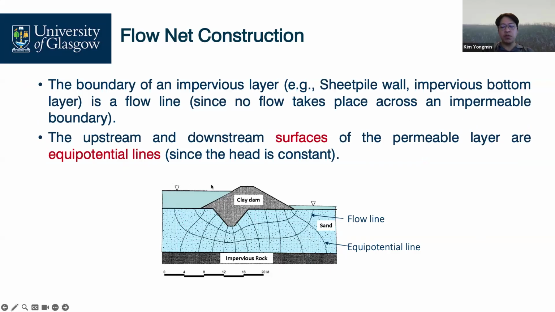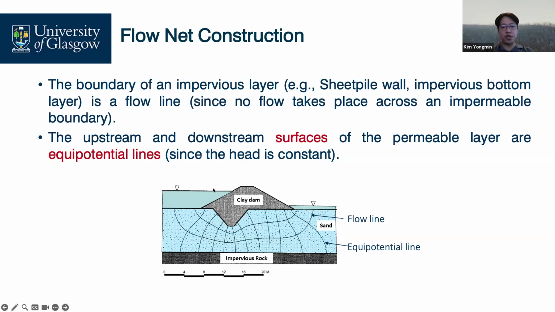Here, we need to define the boundaries, such as this impermeable rock surface and this shear key, or sometimes our sheet pile. This part is a flow line because water flows along this line, right? It cannot penetrate, cannot break through. That's why these artificial or natural structures are considered flow lines.